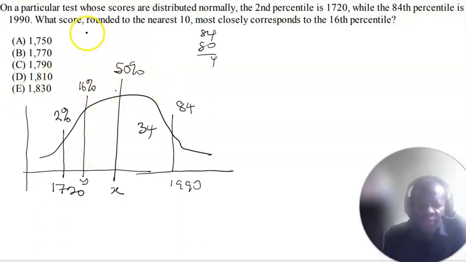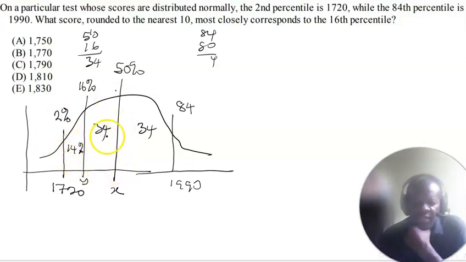Now, if you calculate the distance between 50 and 16, that is equally 34%. Now, the distance between 16 and 2 is 14%. Now, why are we doing this? This information will tell us how many standard deviations the particular score is above or below the mean.